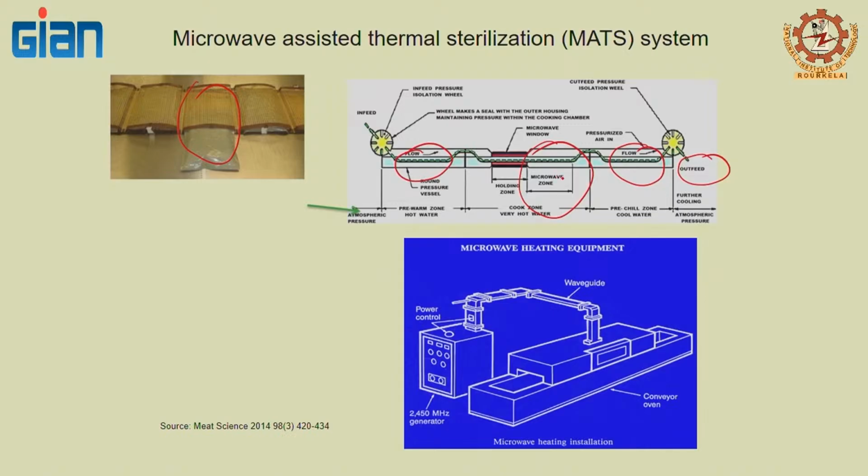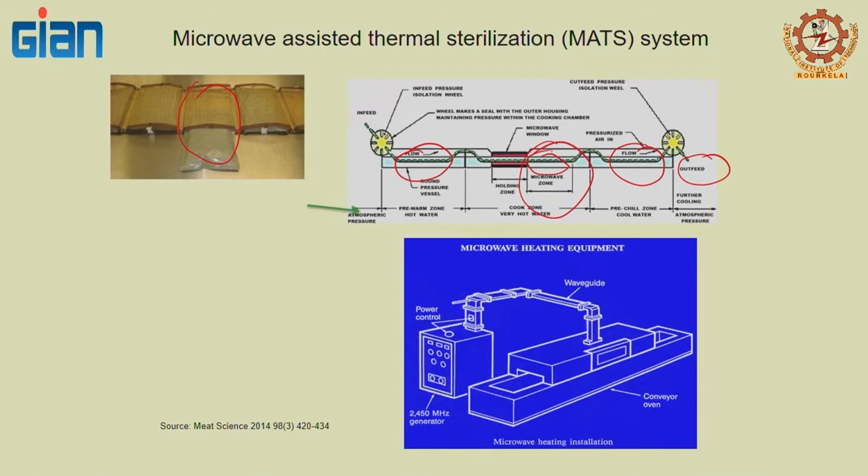In this microwave zone, in addition to exposing the product to the microwave, you can probably see in this picture that the product is going through a zone which is filled with water. In other words, the microwave is delivered to the water, and in turn it goes into the product.